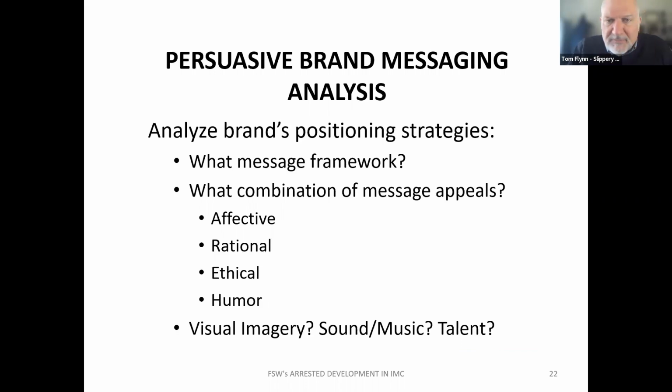What this assignment does is essentially reverse engineer the creative process. We begin looking at the components of the ads, the message framework. For example, it's a vignette, it tells a short story. The way that they combine different types of claims. Rarely does an ad employ only one claim, kind of straight rational features to benefits, things like that.